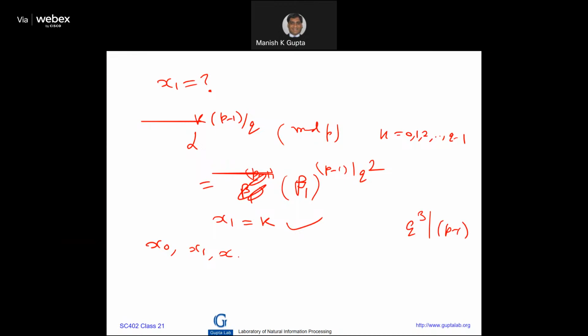So we find x1, x2, up to x_{r-1}. When we have all the values mod q raised to power r, we know we get the value of x modulo q raised to power r_i.